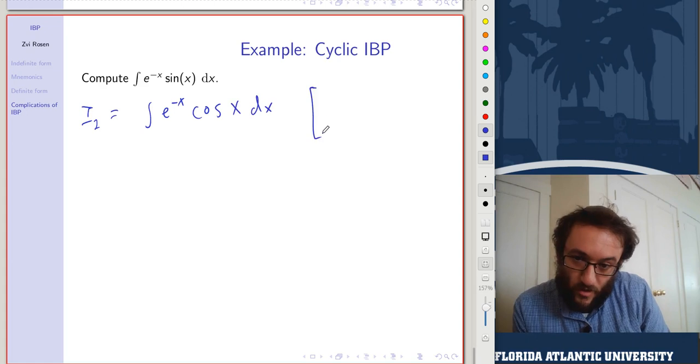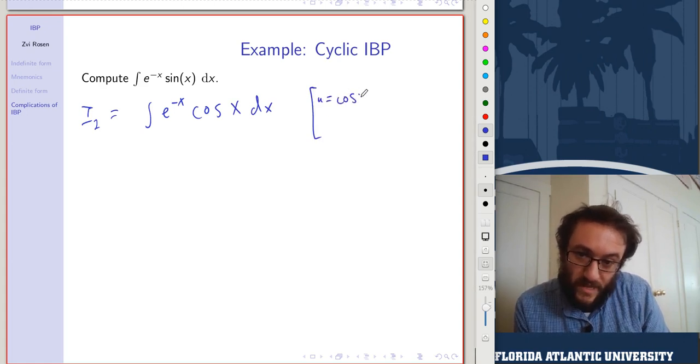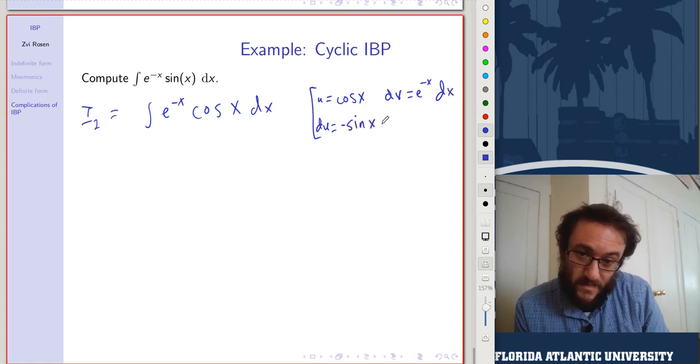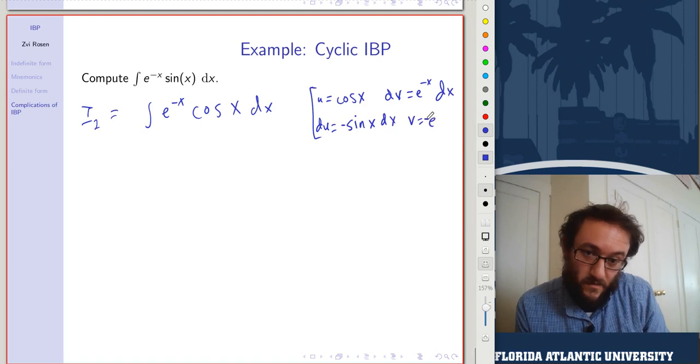As before, we let u be the trig function. u equals cosine x, dv equals e to the minus x dx, du equals, the derivative is minus sine x dx, and v equals minus e to the minus x.